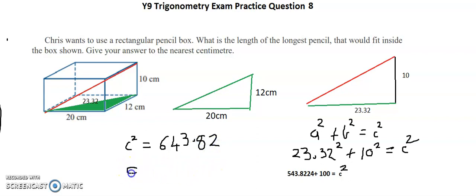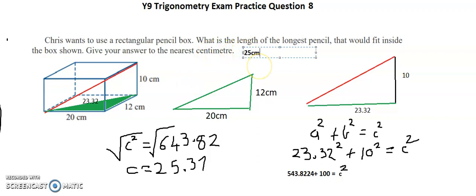If I square root both sides, the power of 2 cancels out on my left hand side, and the square root of 643.82 is equal to 25.37. So the nearest centimeter would be 25 centimeters. The biggest pencil that can fit in here would be 25 centimeters.